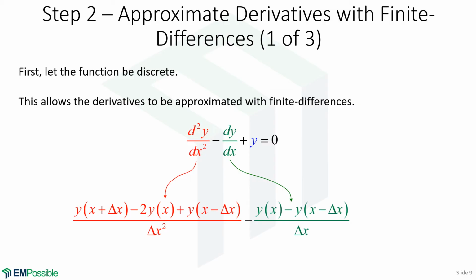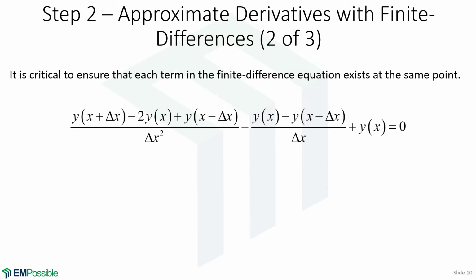We can move over to the second term and write this as y at the next value of x minus y at the previous value of x divided by the spacing delta x. That's a first order derivative. And y, we don't need to do anything with that. That just is y of x. And of course, the 0 at the end, we also don't need to do anything with that.